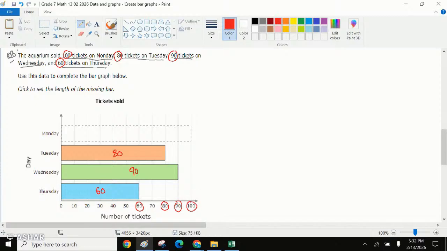So simply what we need to do is make a bar, right? That would show us the information. That means we fill it till 100.